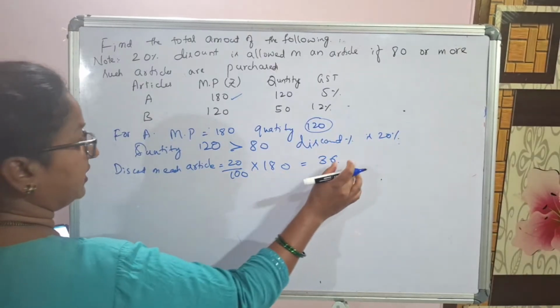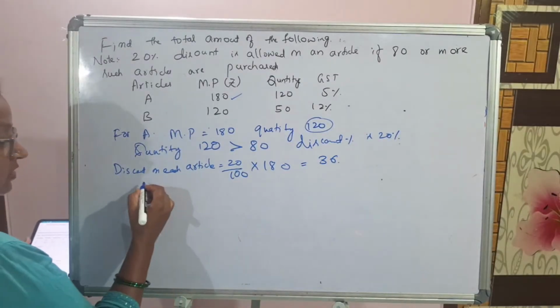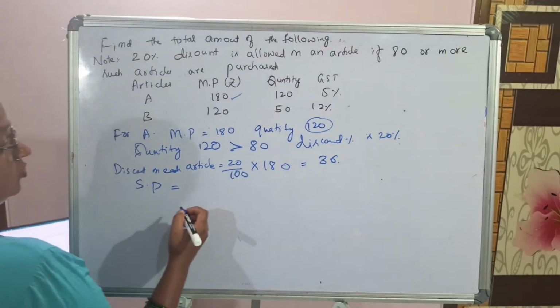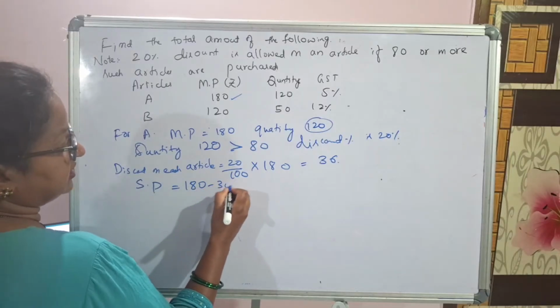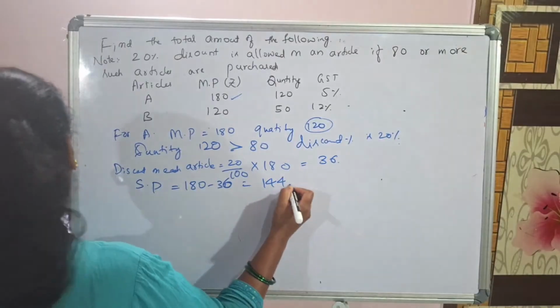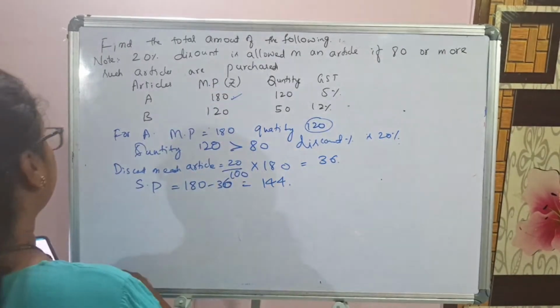That is 180 minus 36 is 144. That means the selling price is 180 minus 36, which is equal to 144, is the selling price instead of 180.